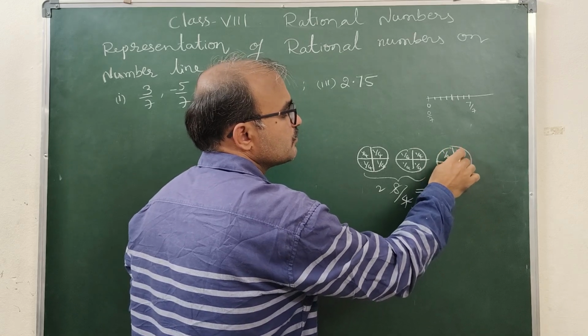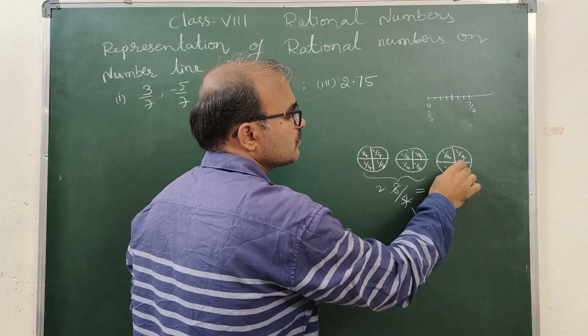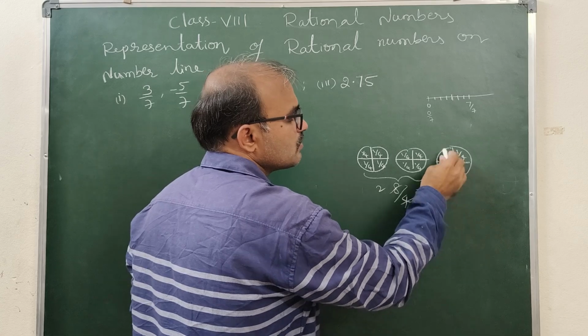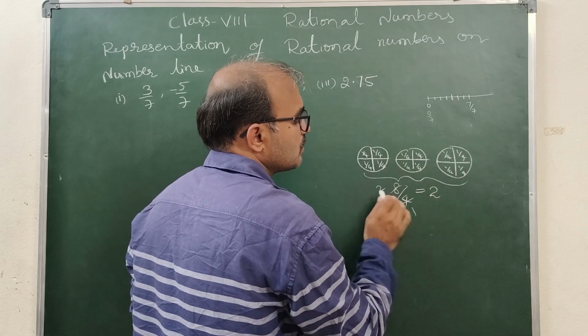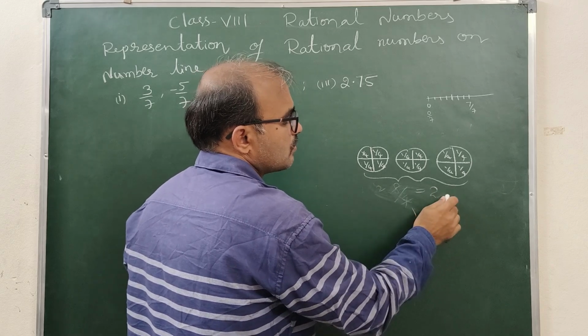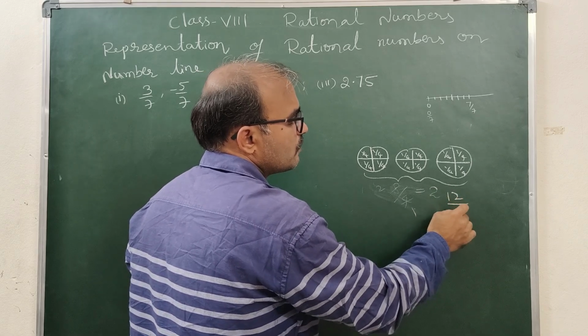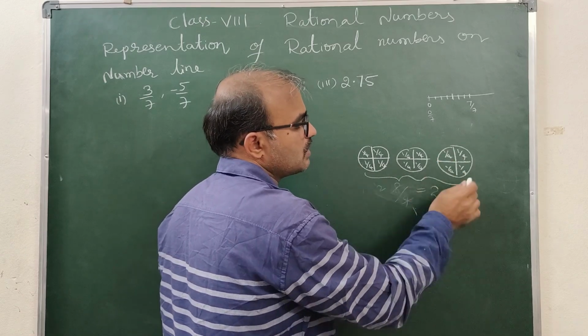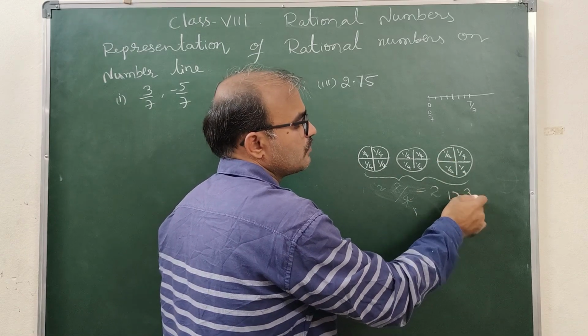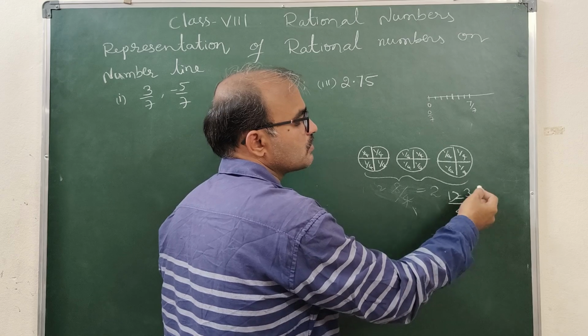So this is also 1/4, 1/4, 1/4, right? So totally up to here, now, 12 fourths. 12 fourths will make, as you see here, 3 wholes.